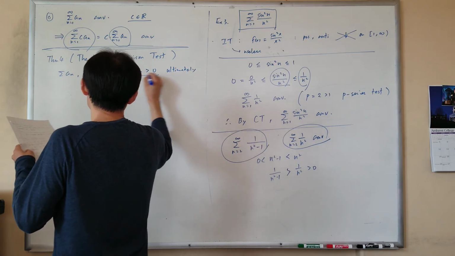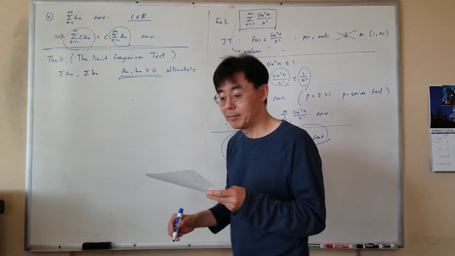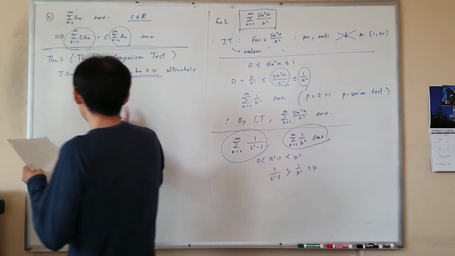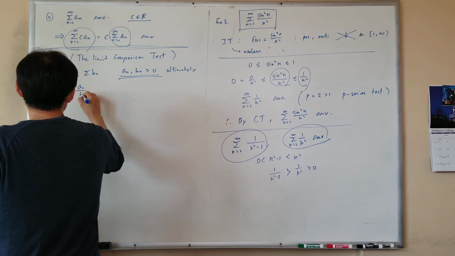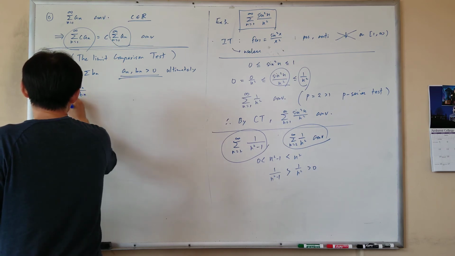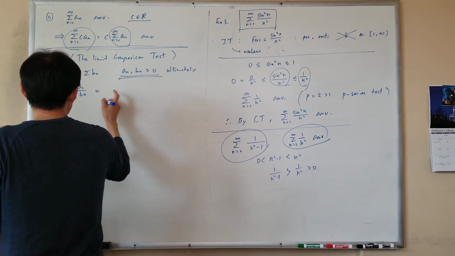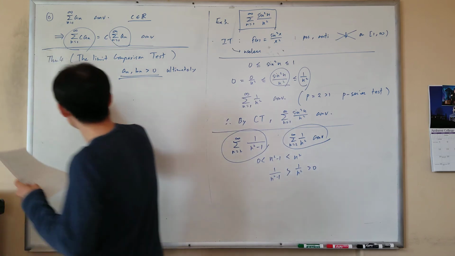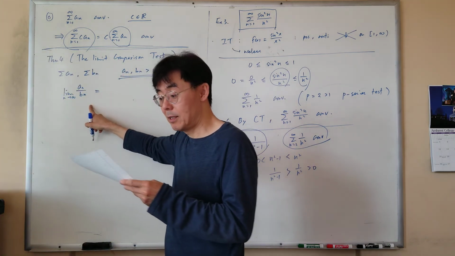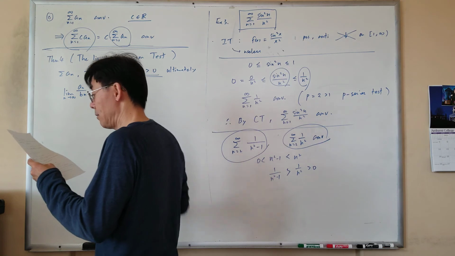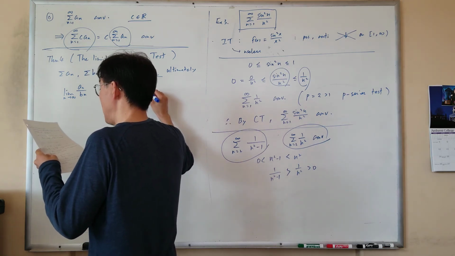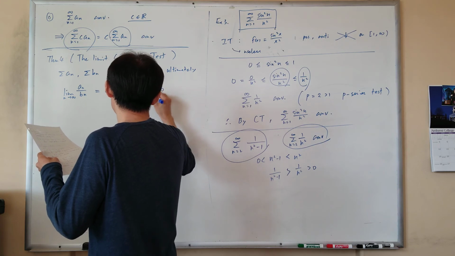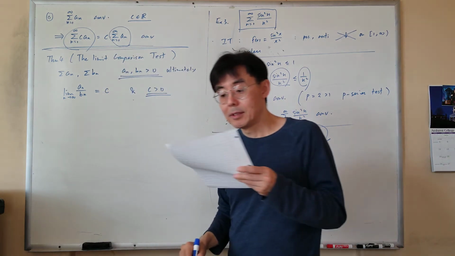It has to be a positive series ultimately. And what is the other condition? The limit of the ratio of the two sequences, an over bn, is c. And c is positive, some positive finite number.